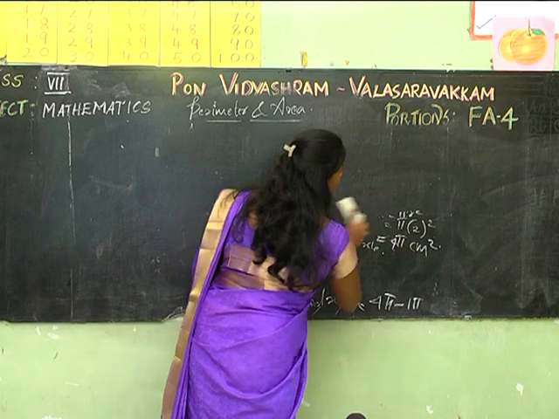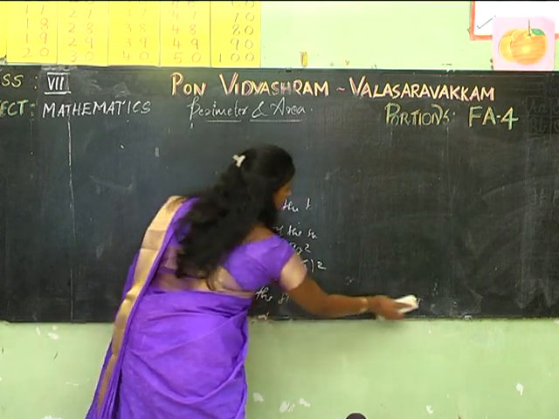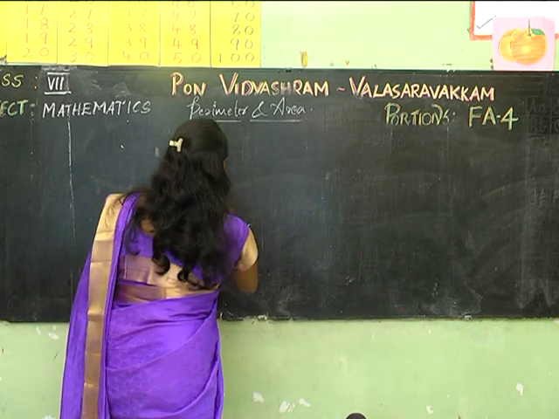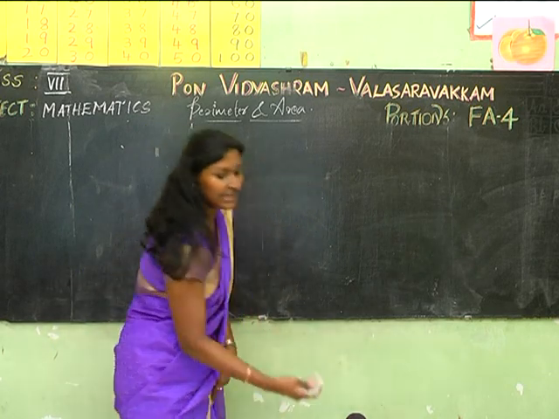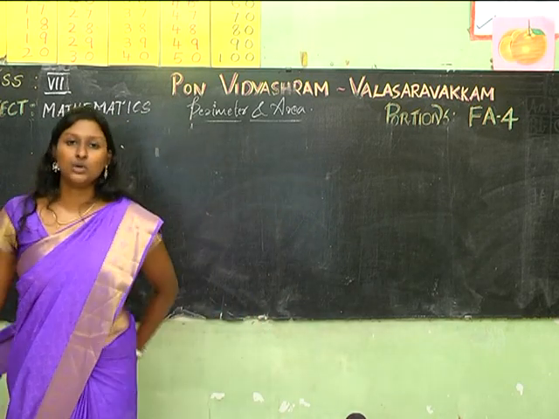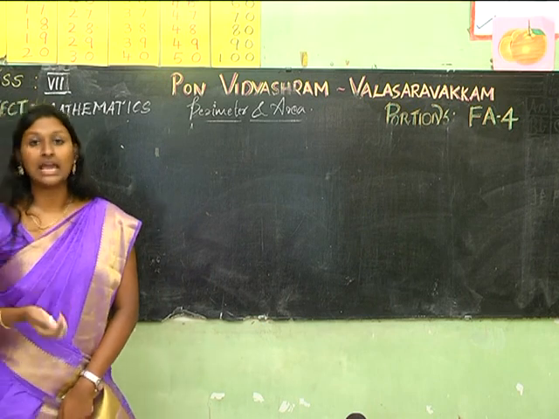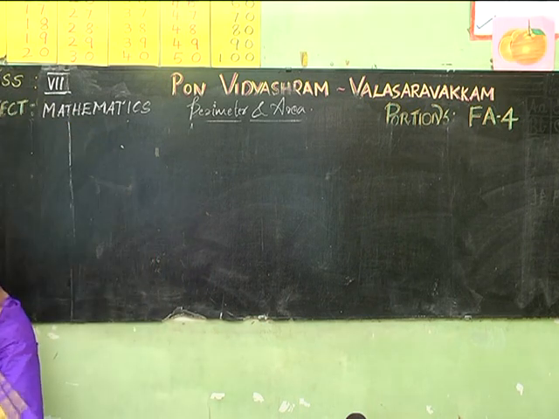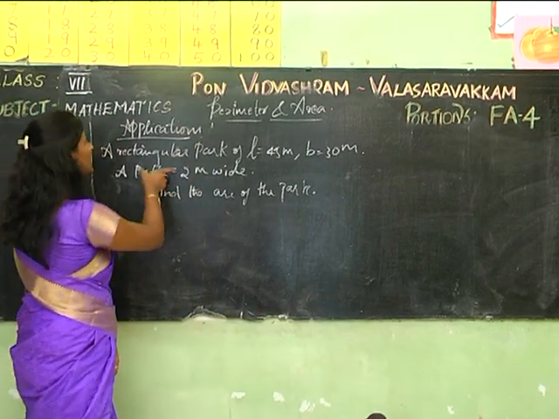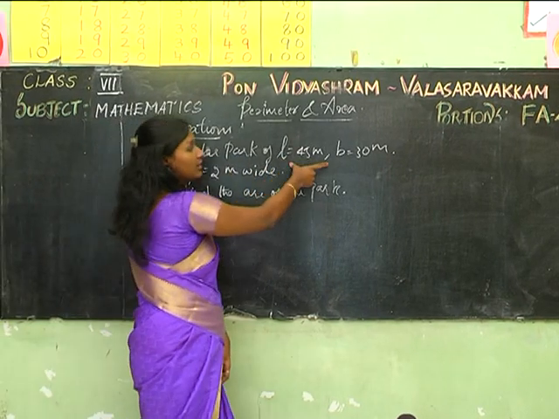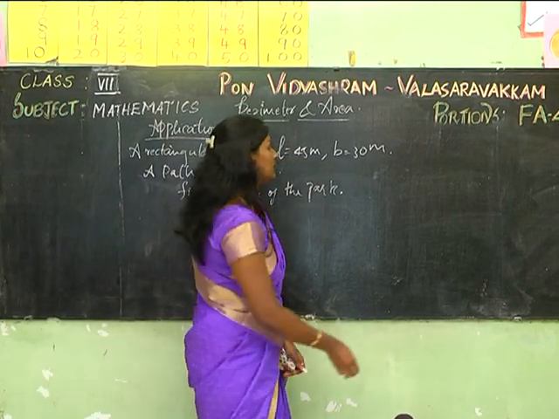And my next topic is we will have some real life applications by using the area and perimeter formulas. See, they have given a rectangular park of length 45 meters and breadth 30 meters.